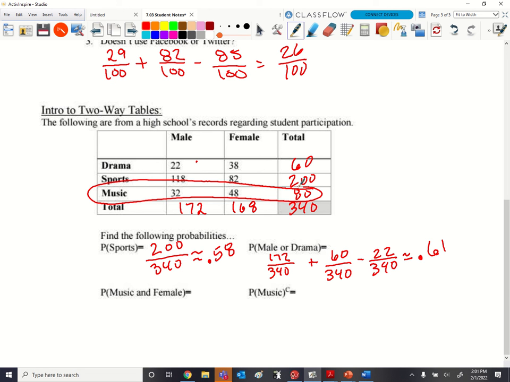Because you can look at the category, and there's a subcategory, music and female, so that's only 48 out of 340. What's my total? 0.14, like 14%, right? Yes.